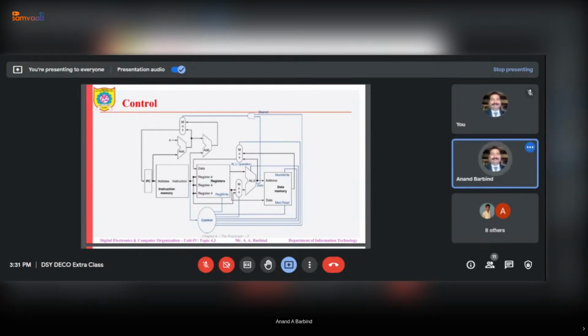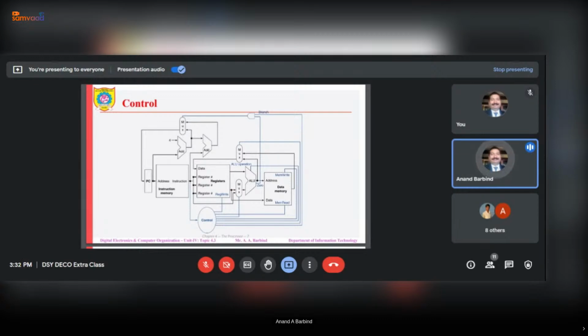So once you are able to understand this particular architecture, you will be able to understand the more complex architecture which is going to support pipelining. The main purpose of this chapter is to understand the pipelined architecture.